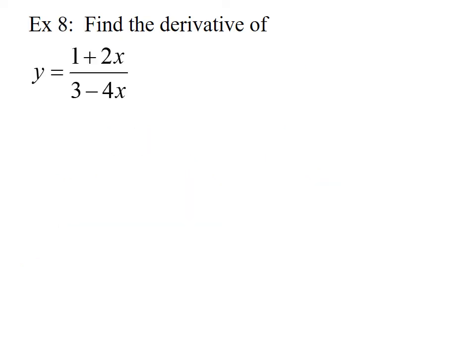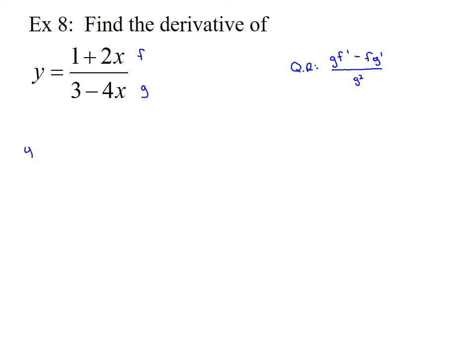All right, let's look at a quotient rule example. What about find the derivative of 1 plus 2x over 3 minus 4x. Now in this example, you have a function on top that I'll call f and a function on the bottom that I'll call g. So the quotient rule says that since they're being divided, you can find the derivative of this by doing g f prime minus f g prime all over g squared.